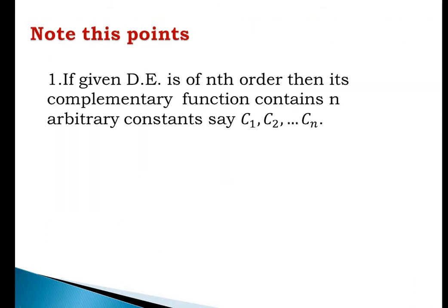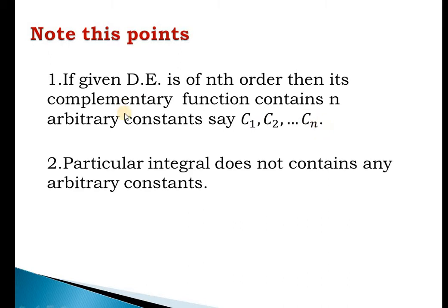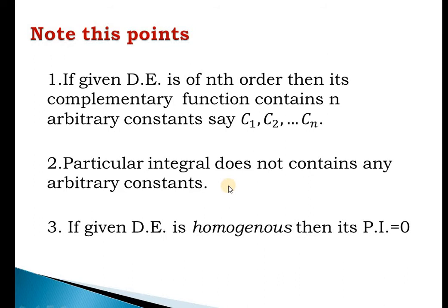Now note the point. If the differential equation is of nth order, then its complementary function or CF contains n arbitrary constants, which we say C1, C2, up to Cn, and the particular integration does not contain any arbitrary constant. Okay. So if the differential equation is homogeneous, then its particular integration is 0, because the RHS function is 0, so f of x is 0.